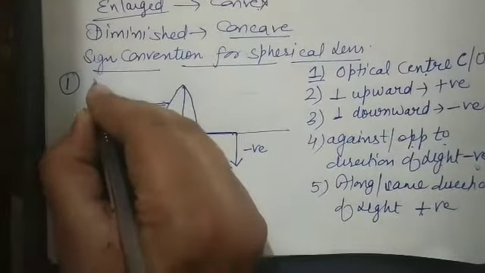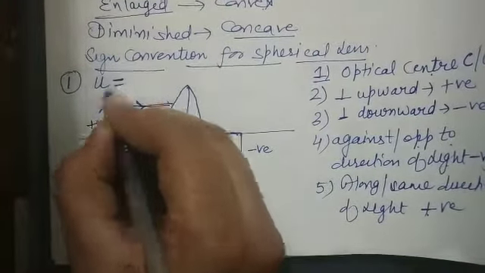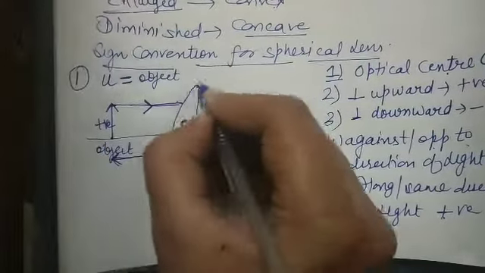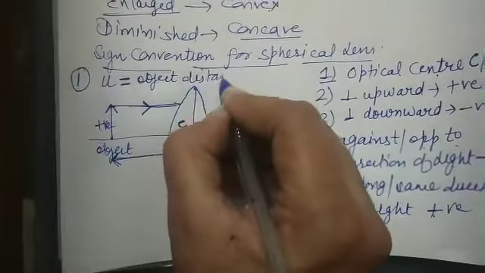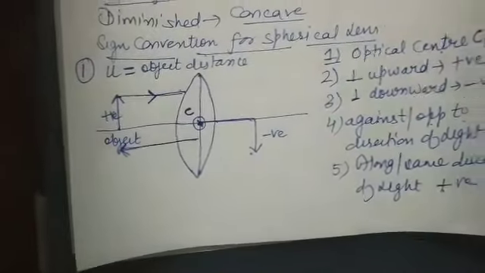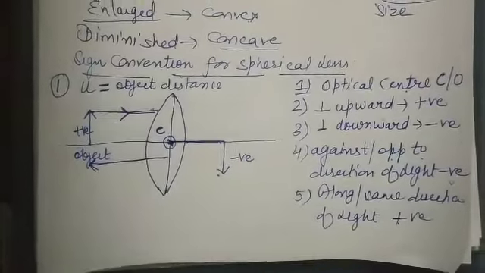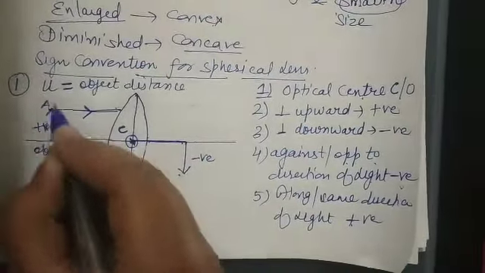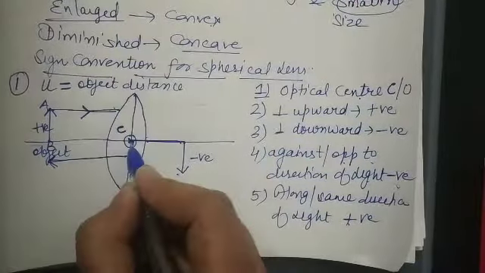what the sign for U is. U is object distance. It's not a new term. You are familiar with U, V, F from our mirror section. So how will you measure U? Let AB be an object.